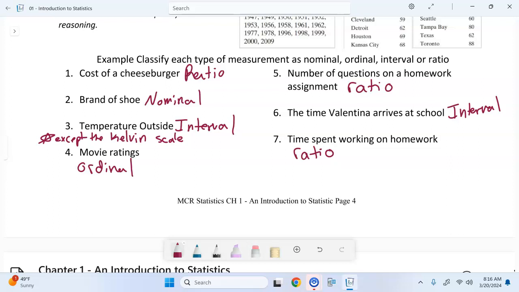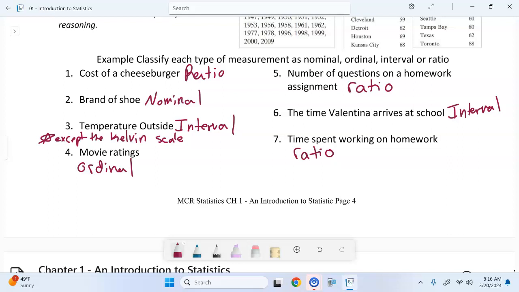Is there a meaningful difference between them? If so, then you move down to interval. If not, you stay right there at ordinal. Then you ask yourself, okay, I can order it, and there's a meaningful difference between the values. Does 0 imply none? If 0 implies none, then you move right down to ratio, and that's your level of measurement. But if not, you stay right there at interval. So we're adding to each of the levels through our classification.